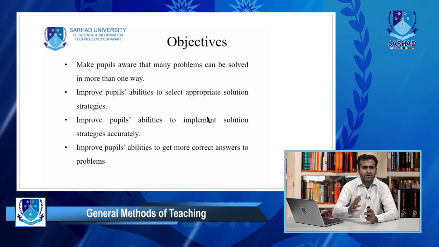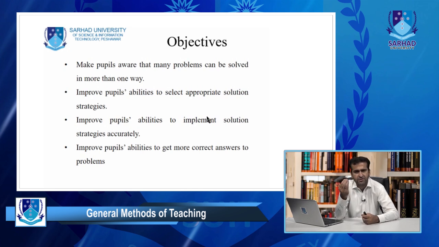Okay. Now, improve students' ability to select appropriate solution strategies. Yes, we discussed this. Improve pupils' ability to implement solution strategies accurately. The tips and strategies which we discussed, they need to implement accurately. And also improve students' ability to get more correct answers to the problem.